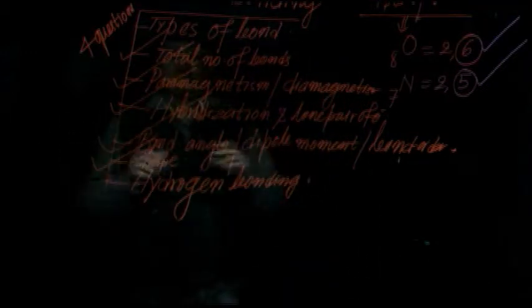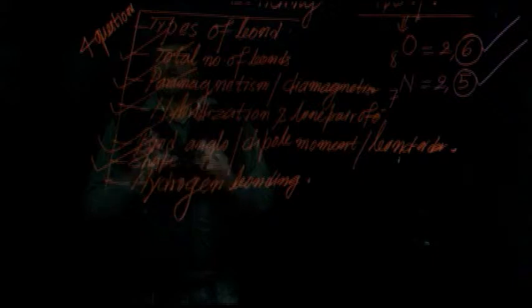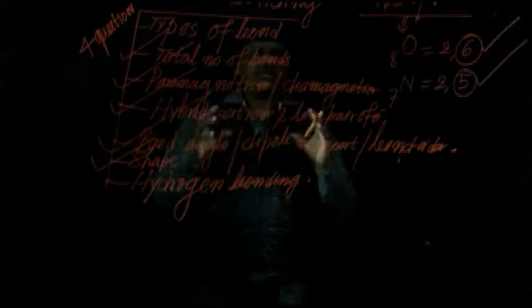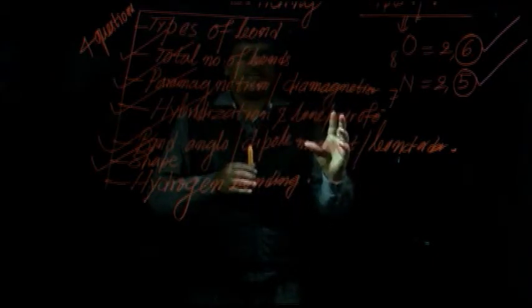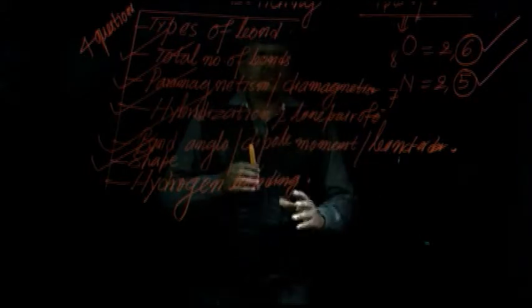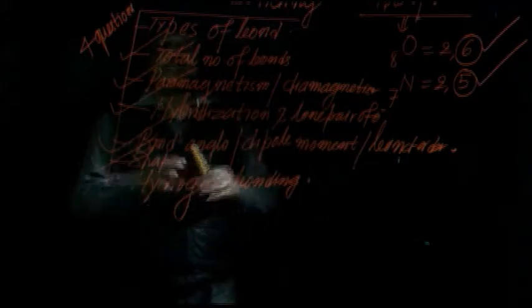Now, why has the bond formed? This is the main question. For bond formation, because every atom or element has the tendency to attain octet or duplet. Hydrogen has the tendency to attain duplet, and except hydrogen, all the elements have the tendency to attain octet.